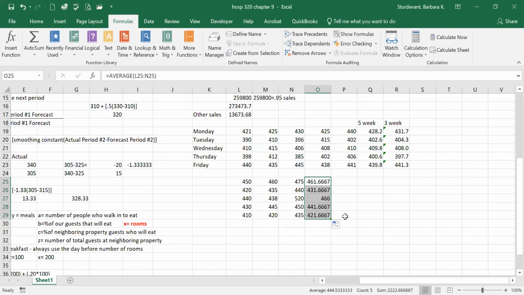And then we have to go back and say, okay, so we average those, but we have to make an adjustment for this Wednesday.